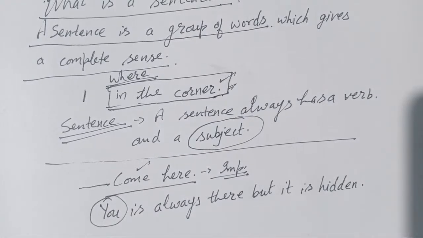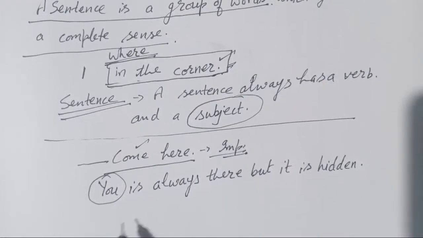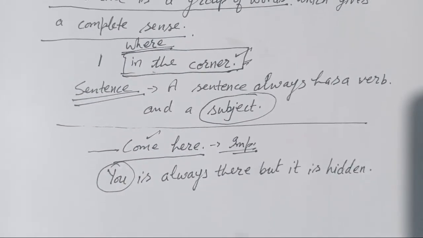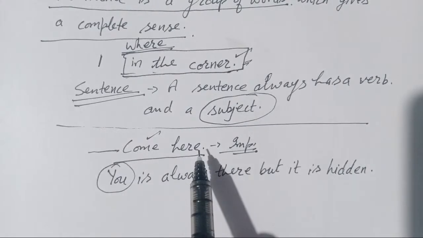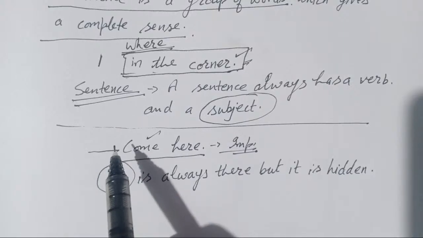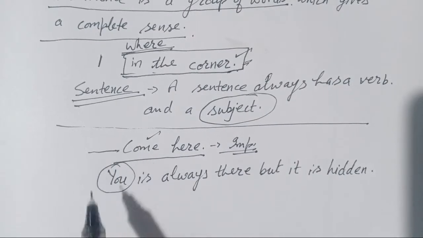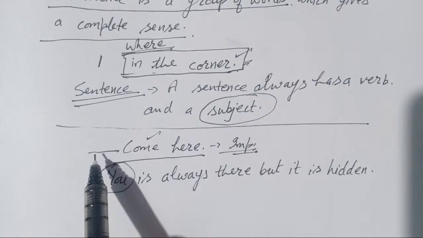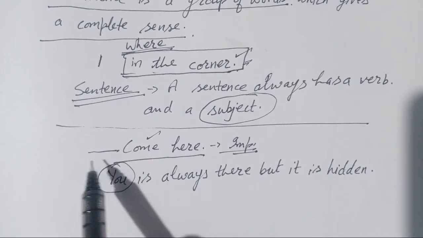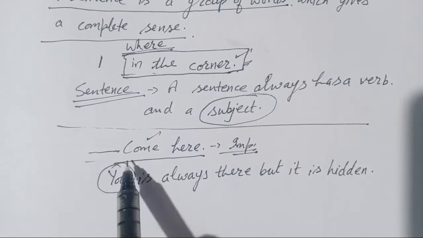Keep in mind, don't get puzzled that the sentence come here doesn't have its own subject. It has, but it is hidden. Come here means you come here. This is the complete sentence. You come here.